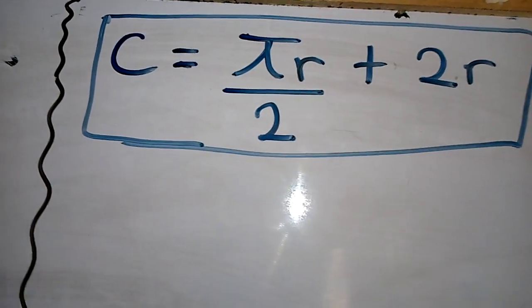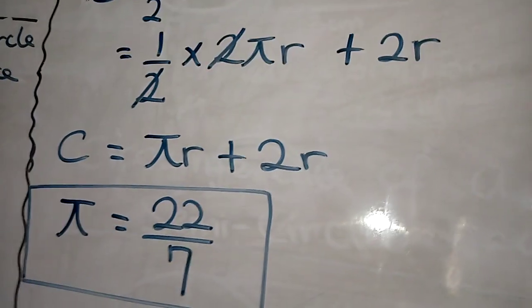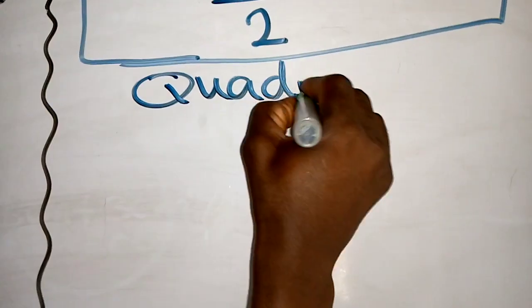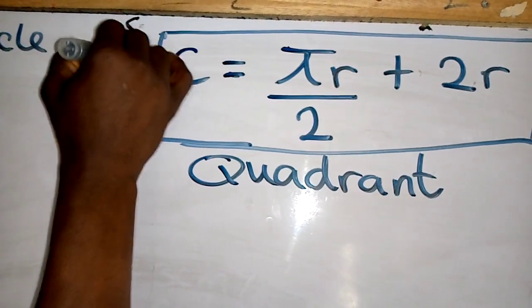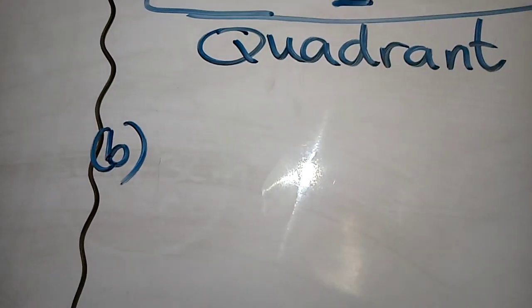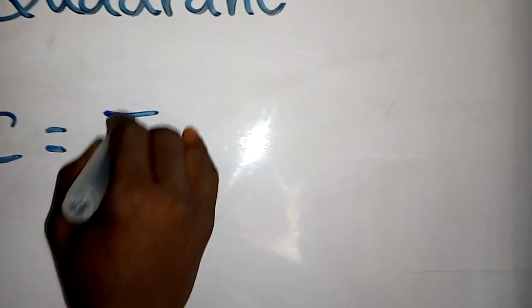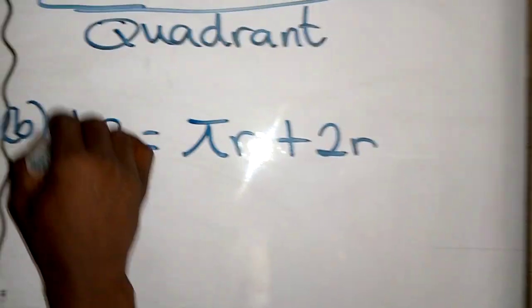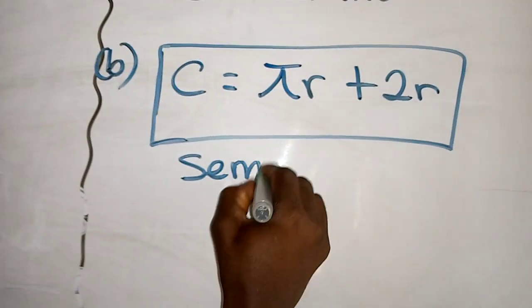So we have three formulas. This is number one, for quadrant. This is the second formula. Another formula is circumference is equal to pi r plus 2 pi r, and this formula is for a semicircle.